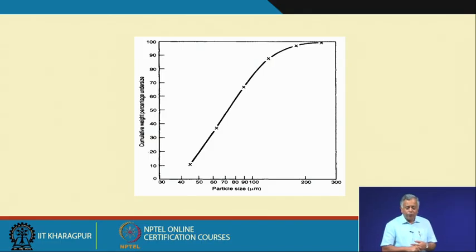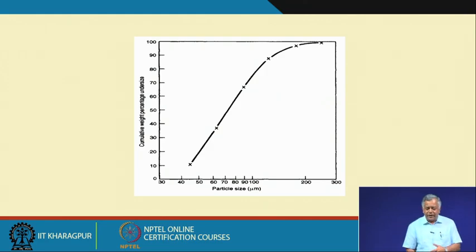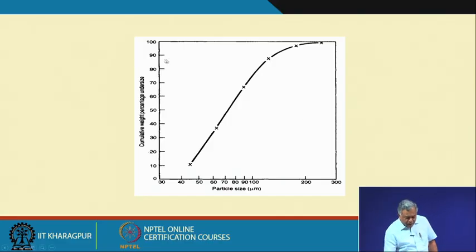If I have the cumulative undersize and oversize plotted together, they will be just the mirror image of each other, and they will intersect at a point where it is equal to 50% passing size.